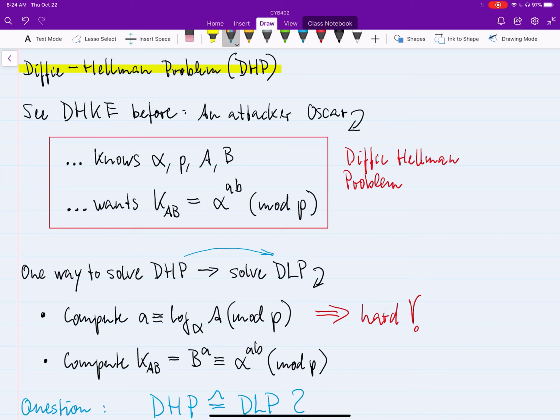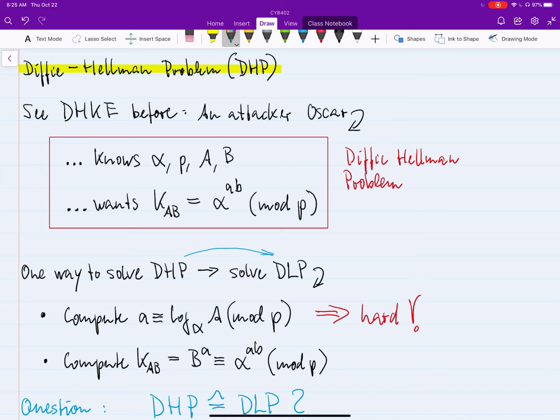Specifically, Oscar knows alpha, which is the generator. Oscar knows p, which defines how many x's and how many betas there could be, so how many group elements we have. Specifically, we have p minus 1 group elements.